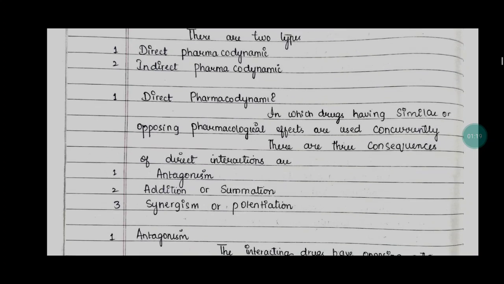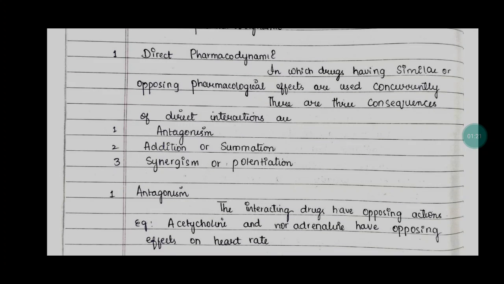So the first one, the direct pharmacodynamic, is where drugs having similar or opposing pharmacological effects are used concurrently. There are three consequences of the direct interactions: antagonism, addition or summation, and number three, synergism or potentiation.